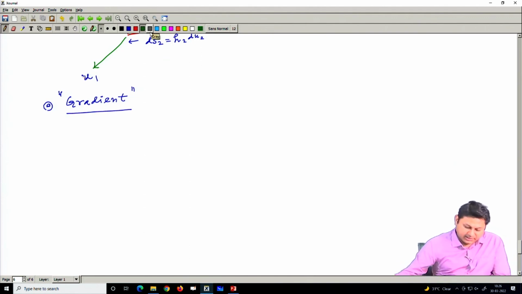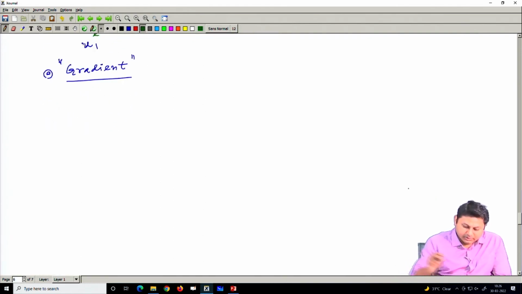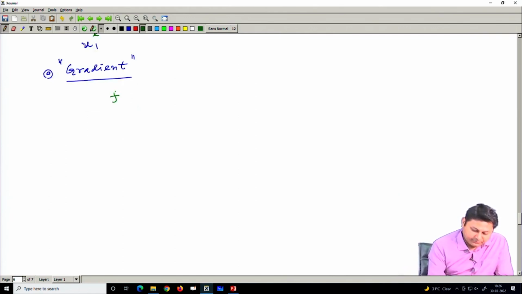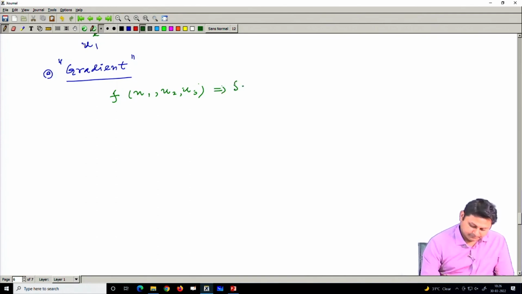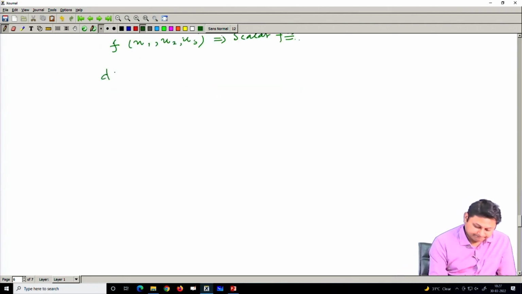So, let us start with this scalar function f of u1, u2, u3. This is my scalar function or scalar field. Now, what is df here? We know it.